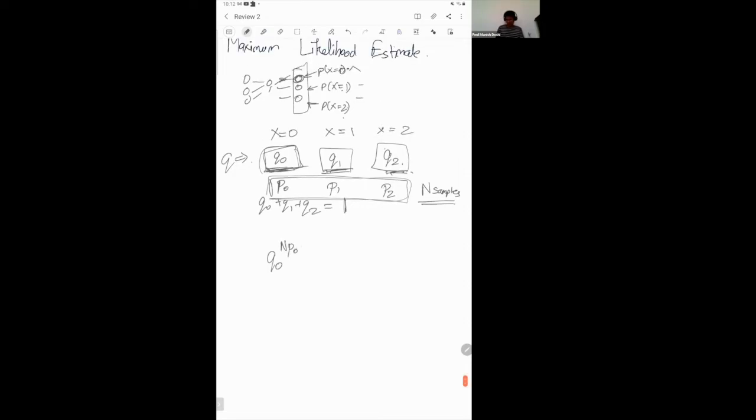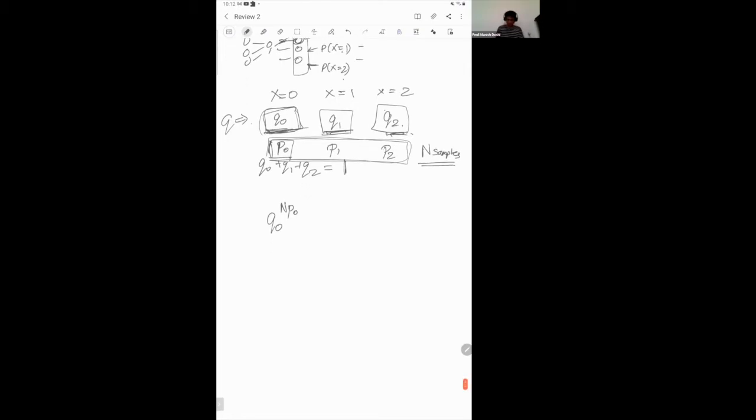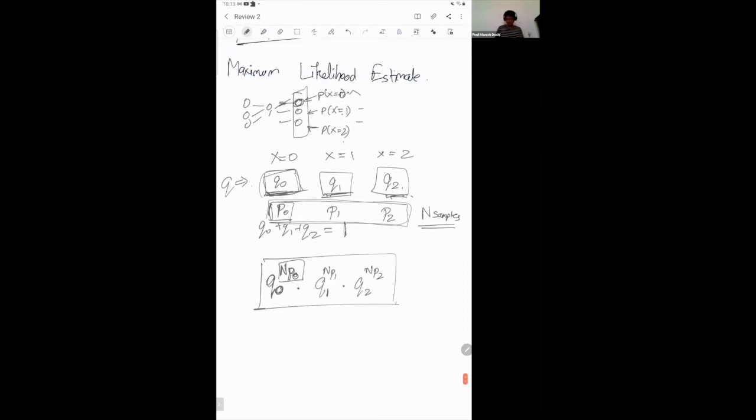P of 0 is the probability of class 0, and nP of 0 is the total number of samples that came from class 0. This is the probability of you seeing what you estimated. And then again the product of Q1 raised to nP1 and Q2 raised to nP2. This tells you the likelihood of your data when we are only dealing with three classes.